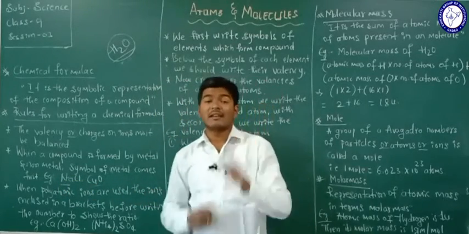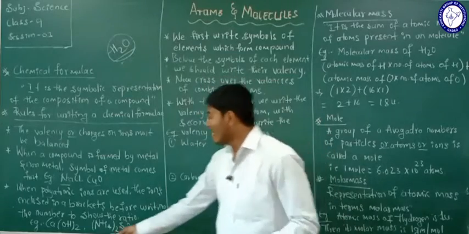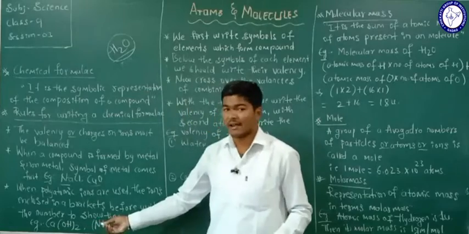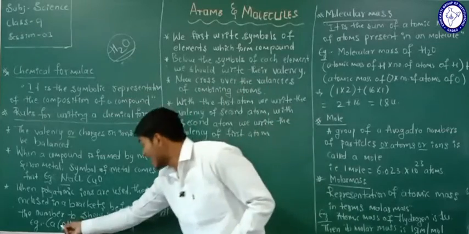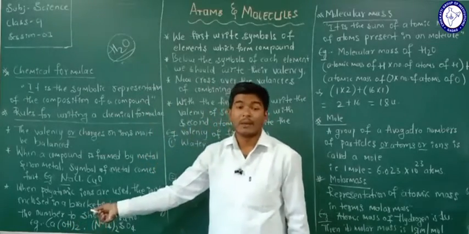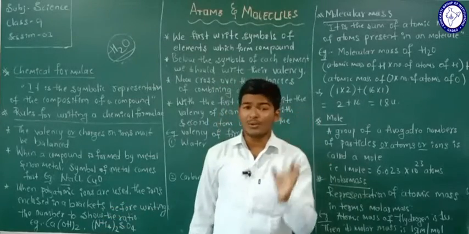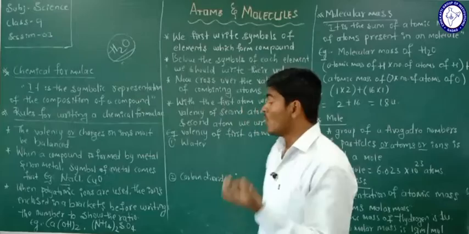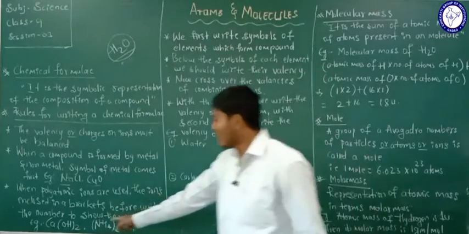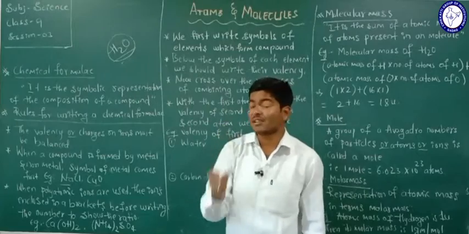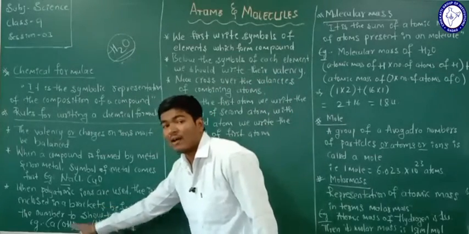But when we consider a polyatomic ion, I am taking one example here, calcium hydroxide. This hydroxide is a polyatomic ion. So when we consider a polyatomic ion, first we have to write the polyatomic ion in a bracket, and afterwards we should mention its ratio after the bracket.